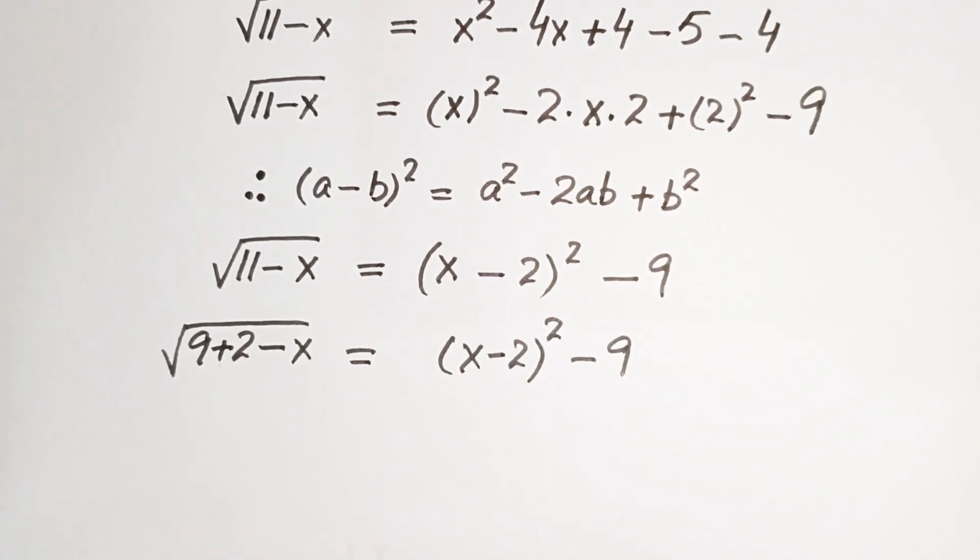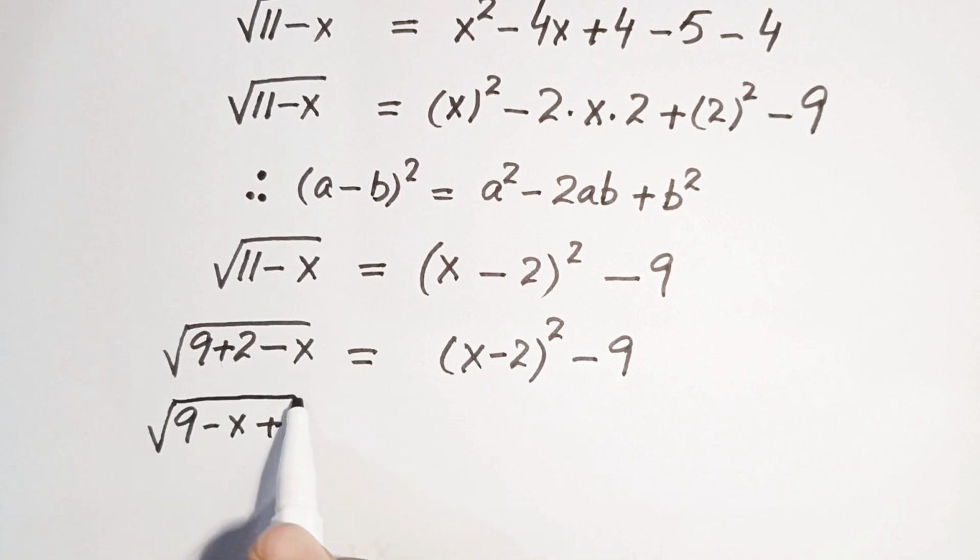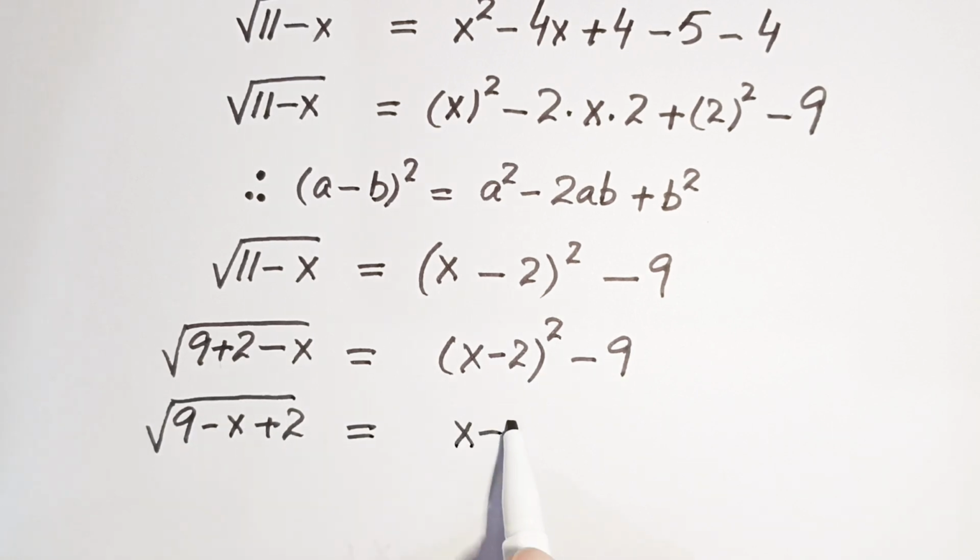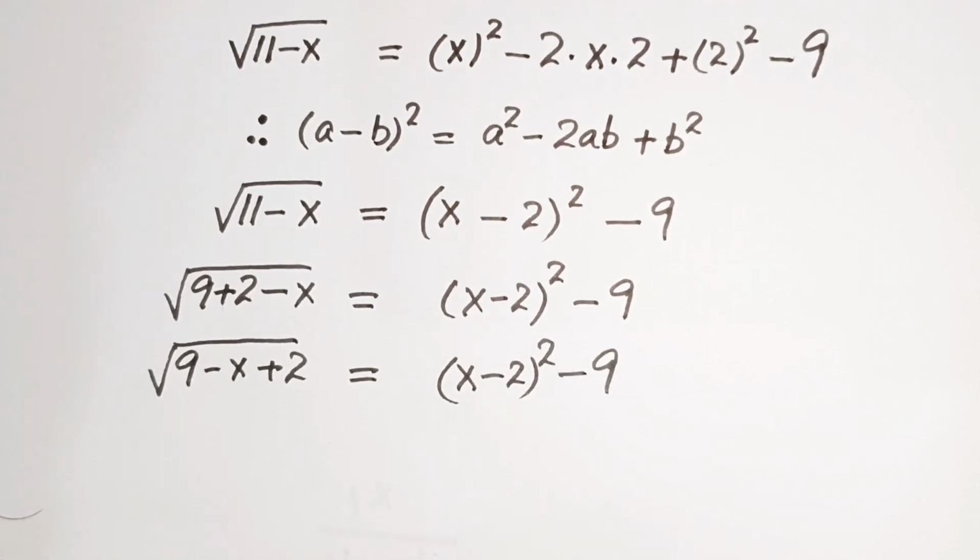Now if we just write this 11 as 9 plus 2, we have 9 minus (x minus 2) whole square root is equal to x minus 2 whole square minus 9.